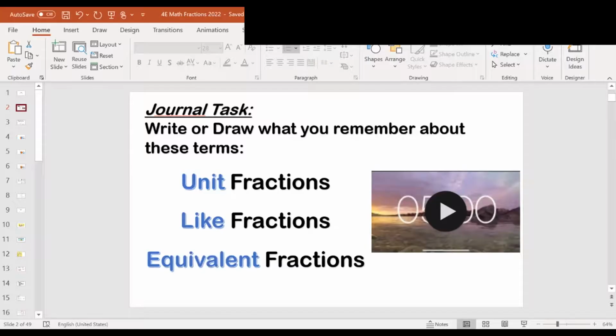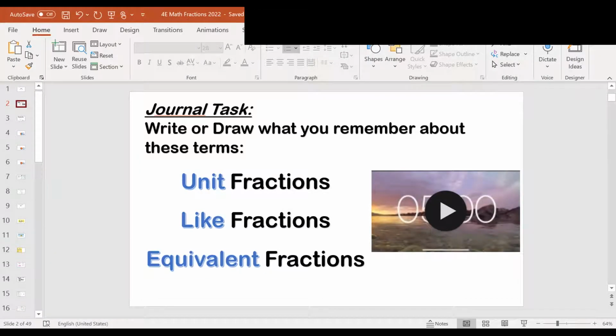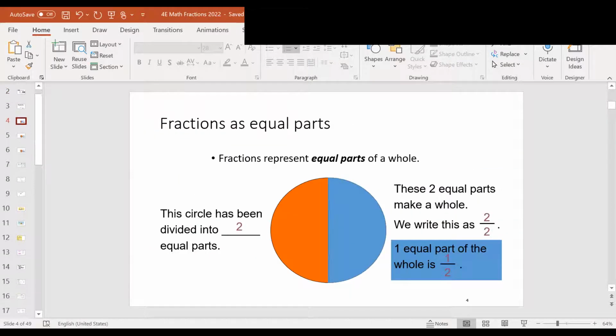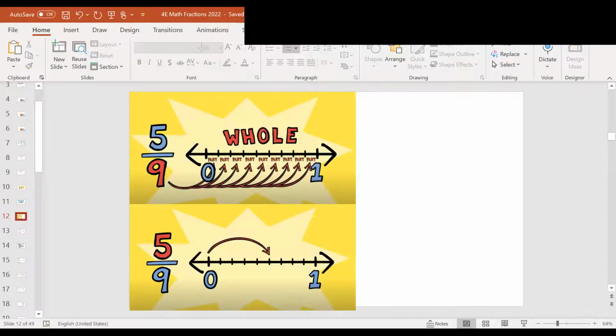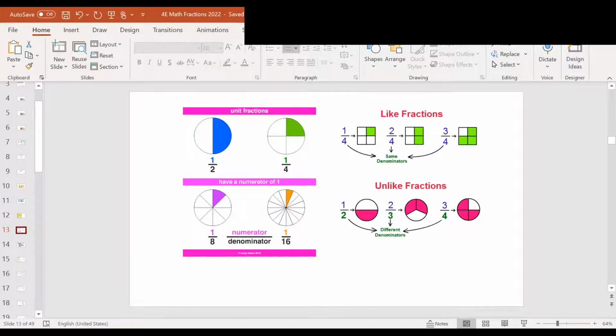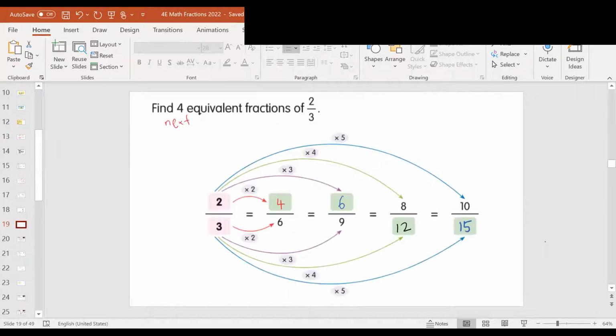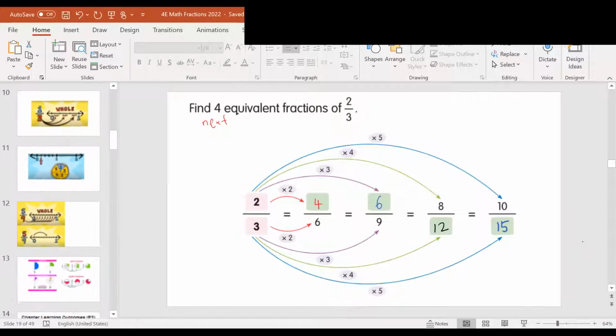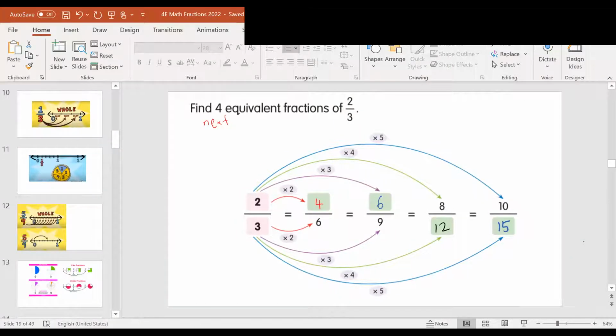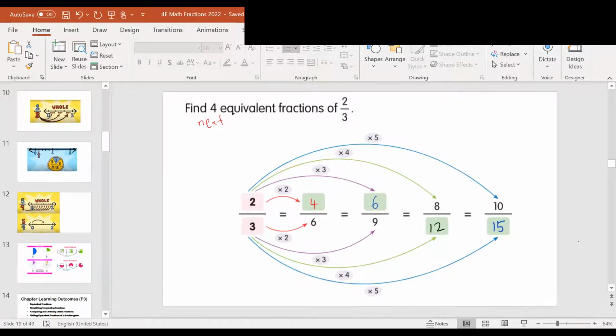We started off with fractions last Friday, then did the journal task, and I refreshed a little of what we did in primary 2 and 3, like fractions, unit fractions, and equivalent fractions. We'll look at more of these as we go through the topic.